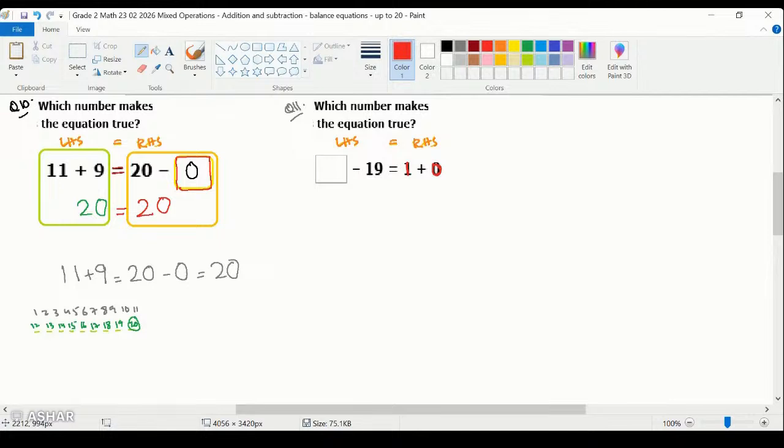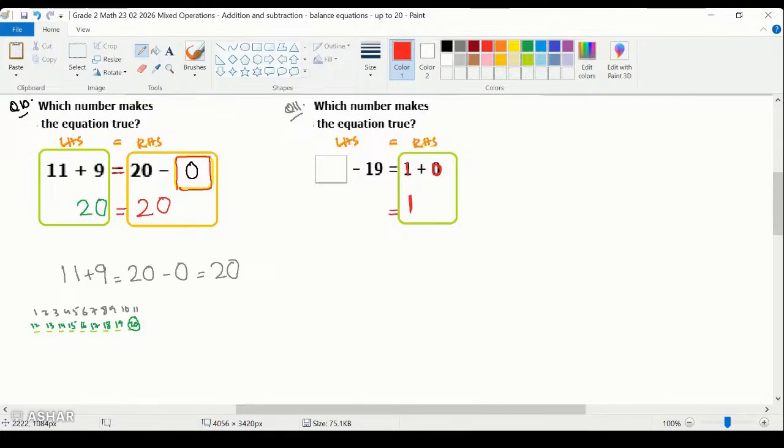Yes, thank you, Alicia. Whenever 0 is added to a number, the number will stay the same. So it will stay as 1, right? Agreed.